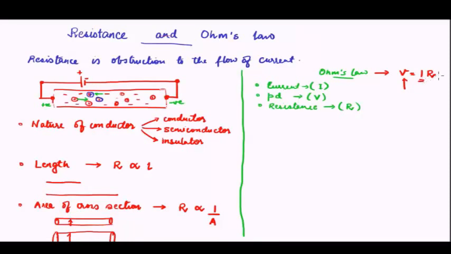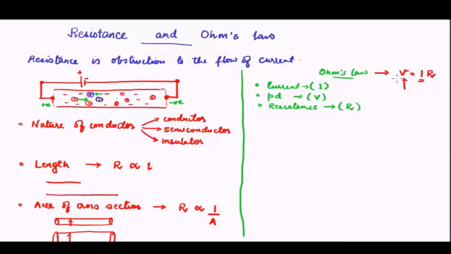Now to keep the same resistance, what has to be taken care of? The physical dimensions have to remain constant throughout. The nature of the conductor, obviously, we cannot change, and also the temperature condition needs to be maintained. Then the resistance remains constant, and under such circumstances the current flowing is directly proportional to the potential difference applied, and that is precisely Ohm's law.